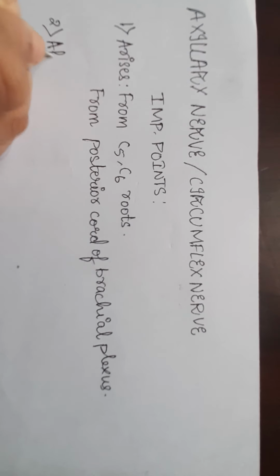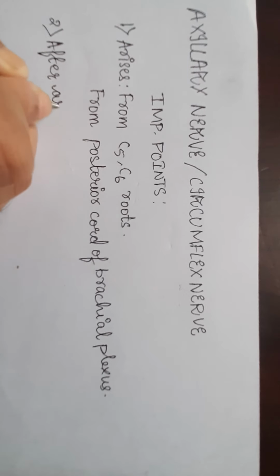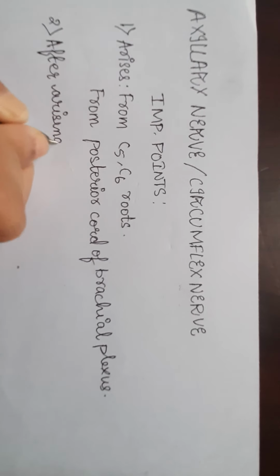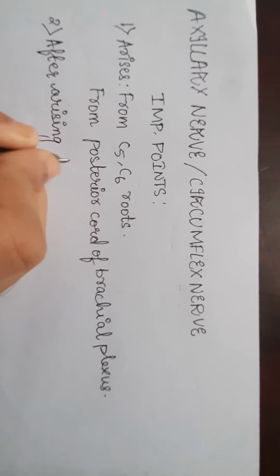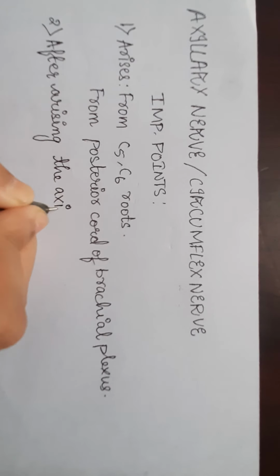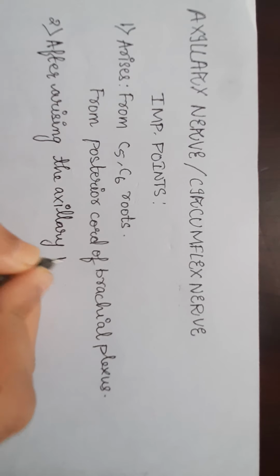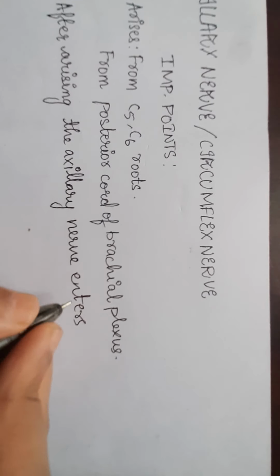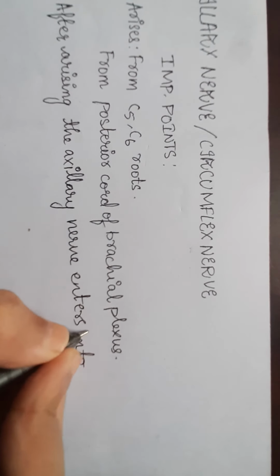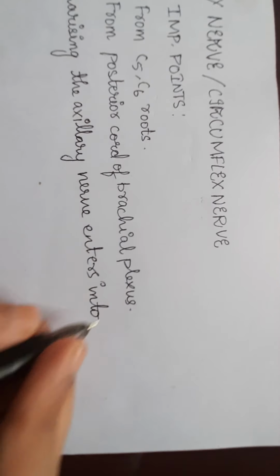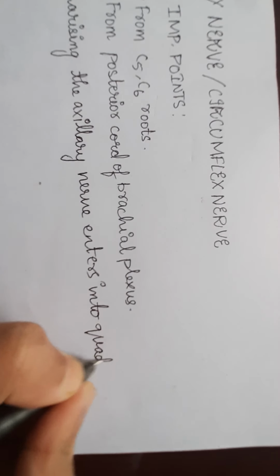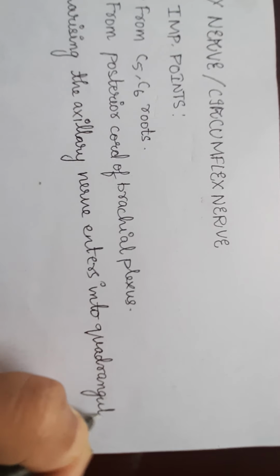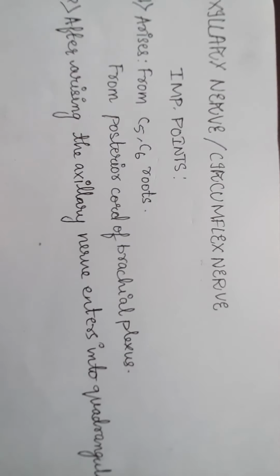Next, after arising, the axillary nerve enters into the quadrangular space, and this quadrangular space is an intermuscular space.